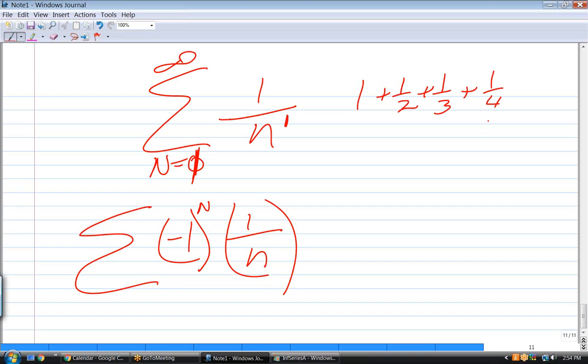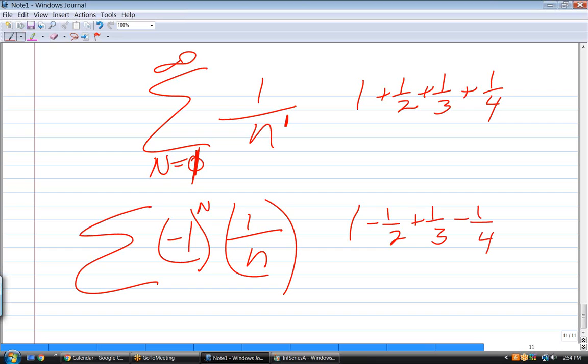We knew all along that that was a divergent series. This series down here is 1 minus 1/2 plus 1/3 minus 1/4. That is a convergent series. Merely by making it an alternating series, I turned it into a convergent series.